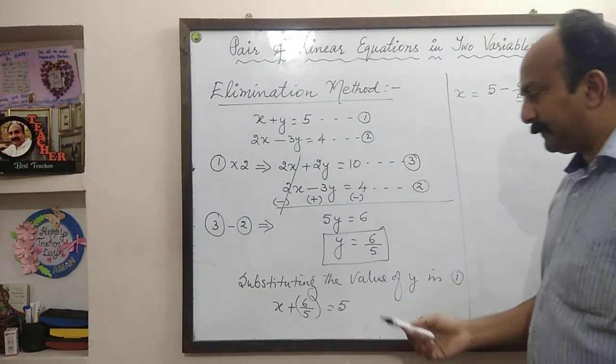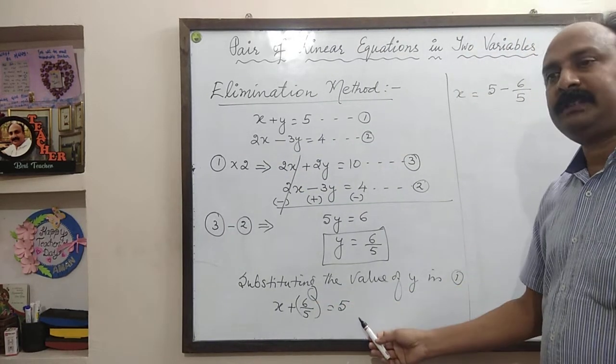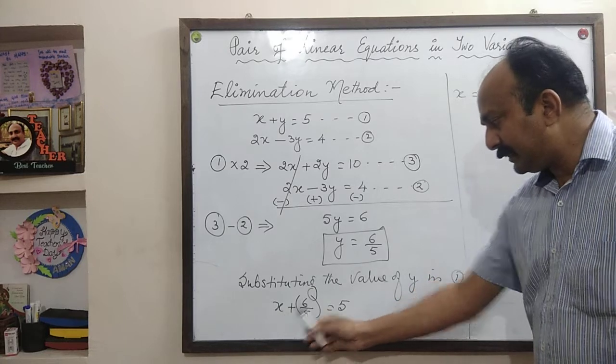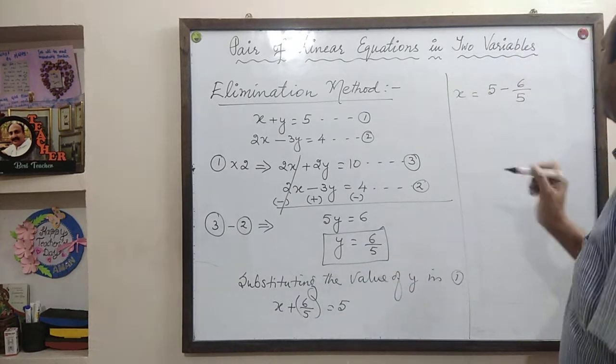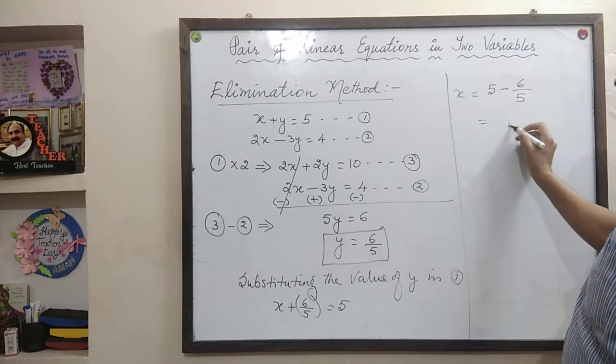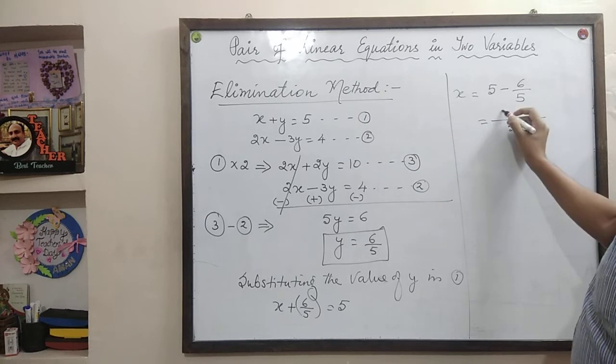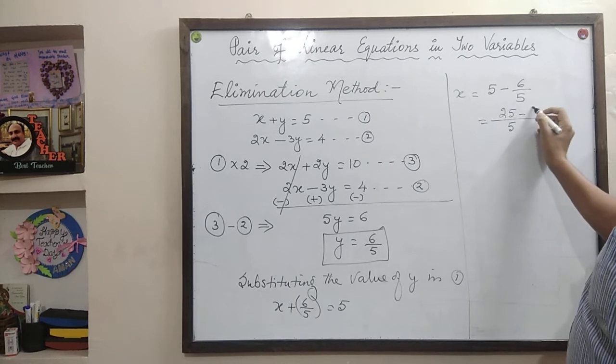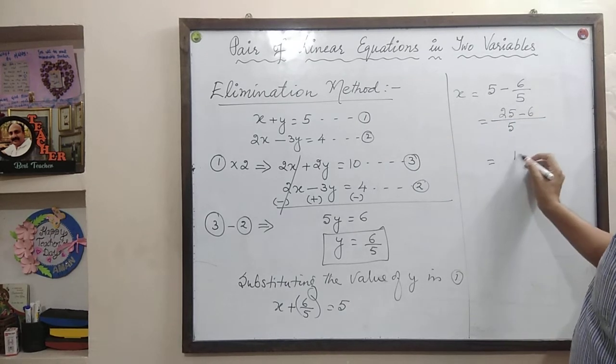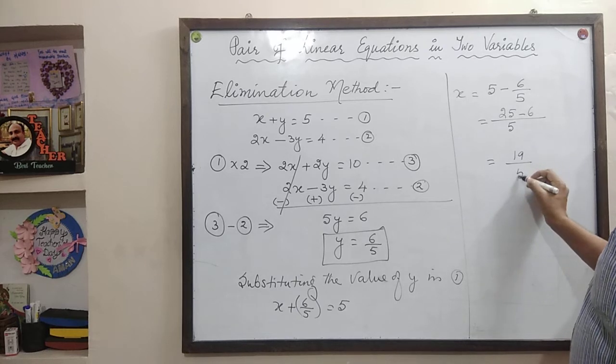I repeat, x plus 6 upon 5 is equal to 5. Therefore, x is equal to 5 minus 6 upon 5. LCM 5. 25 minus 6 upon 5.